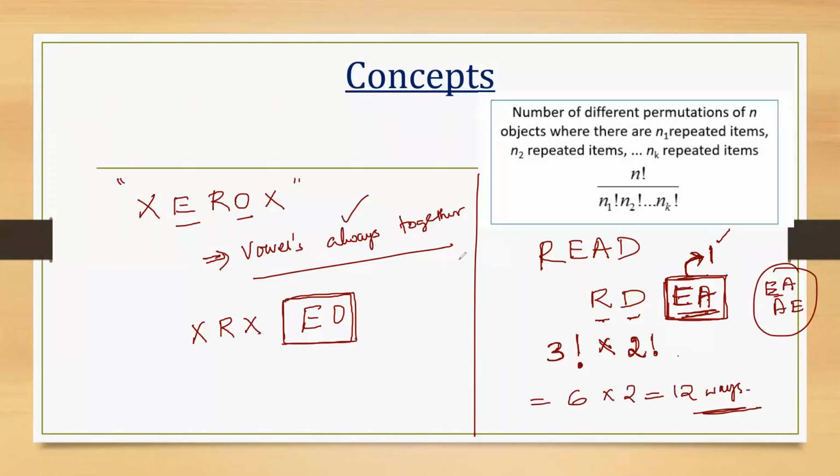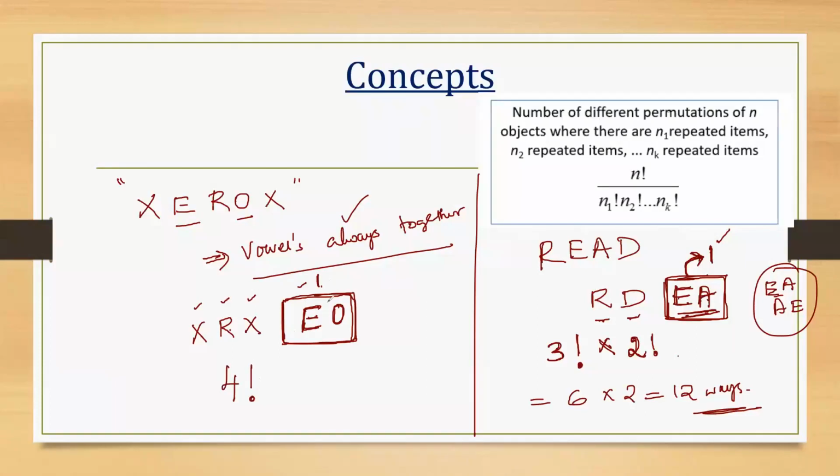So clear? Similarly, for Xerox, we have E and O as vowels. So put them in the box. Now we have 1, 2, 3, and this box is 1. Total 4. So 4 letters, 4 factorial.